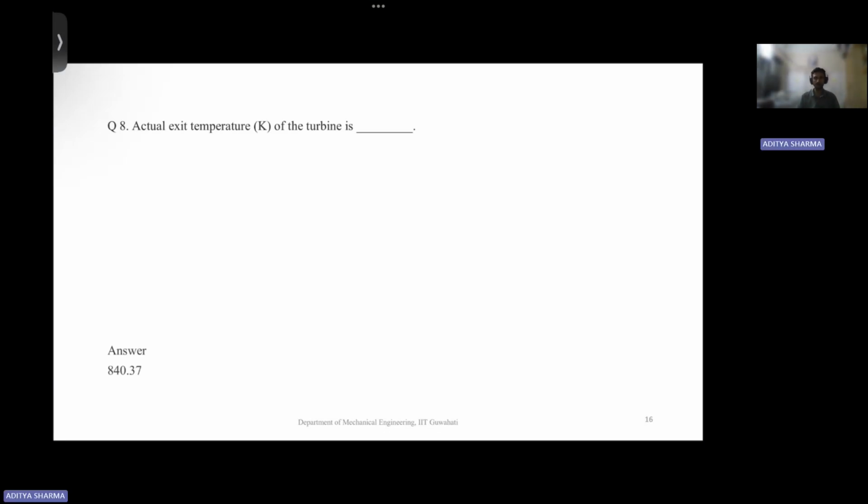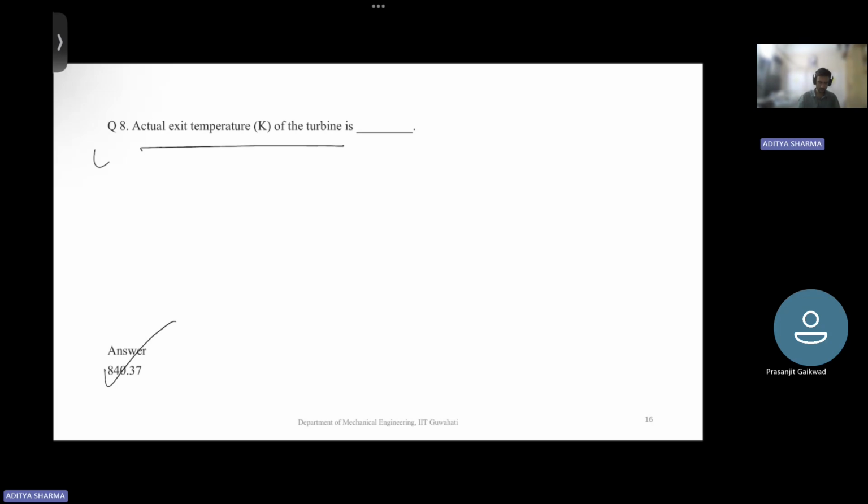So the exit temperature of the turbine is this. Right? I hope this is clear how we found out exit temperature. Now we are left with, found out T4.